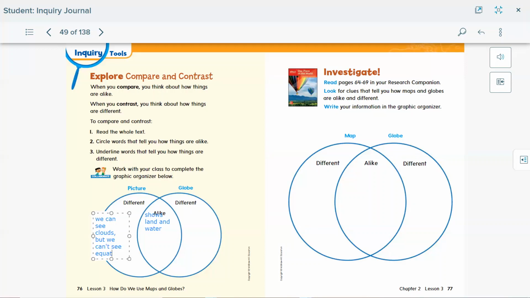Remember, because we said the equator is only on a model of a globe, right? So let's put this down. Can we see clouds on a globe? No. So we're going to write can't.